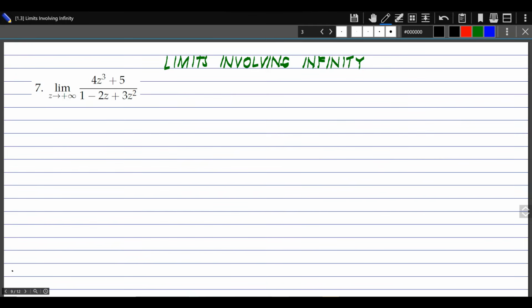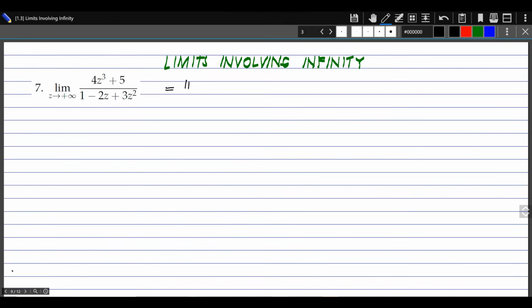For number 7, we have the same form as in the previous example. As z goes to infinity, both numerator and denominator go to infinity. So we have an indeterminate form of infinity over infinity. So we use the same technique, dividing both numerator and denominator by the highest power of z in the denominator, which is z squared.